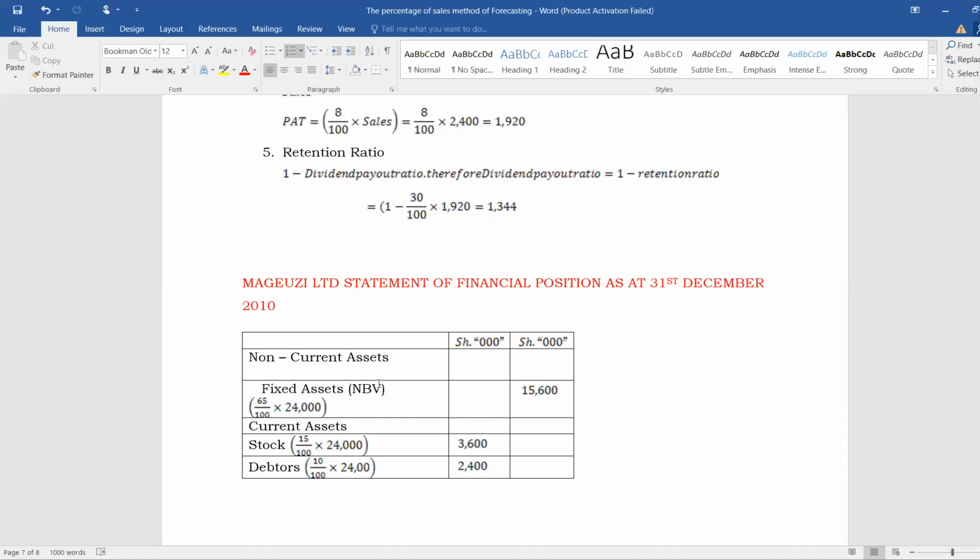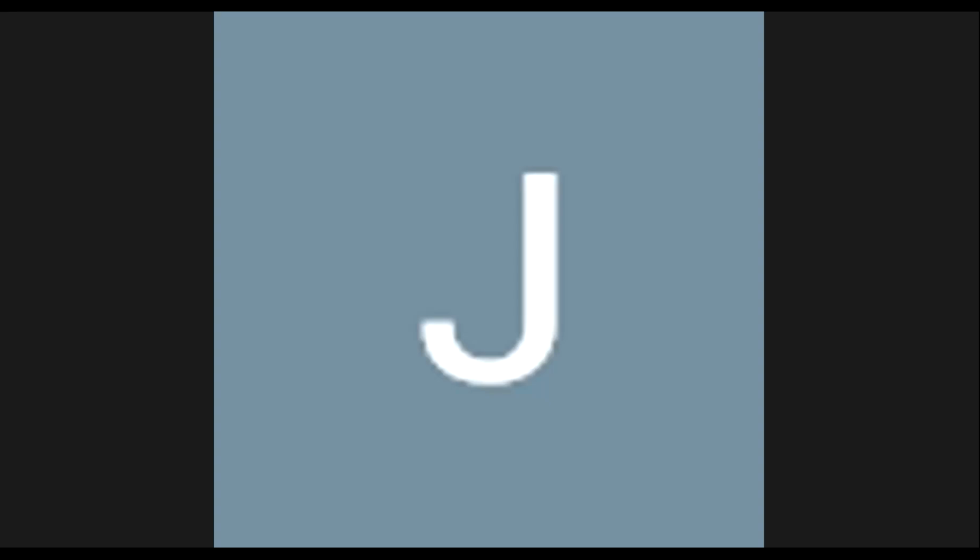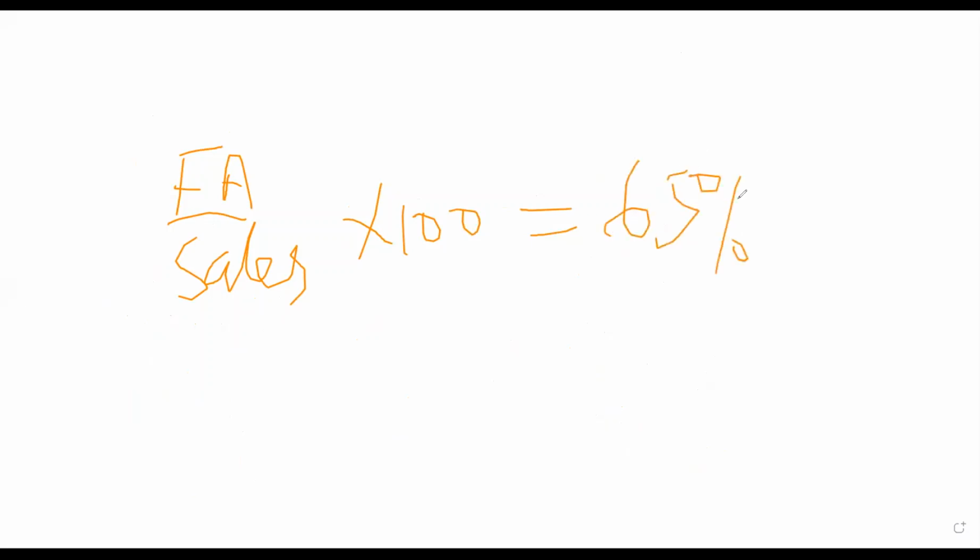Forecasted non-current assets. Here, for those items which have a direct relationship with sales, we have to be a bit careful again. We said fixed assets over sales times 100. Did you find 65%? Yes.